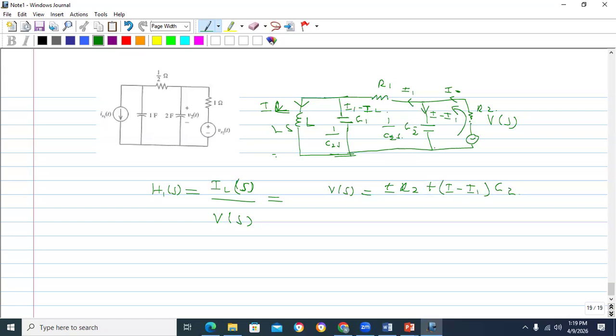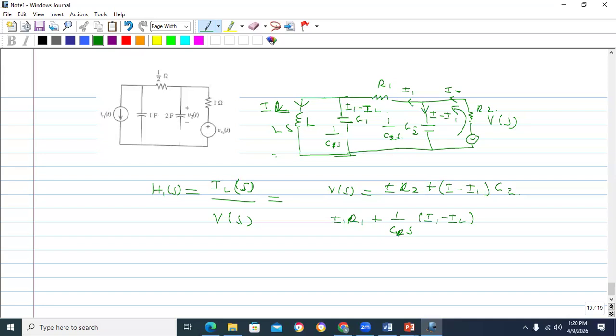Then you can apply the Kirchhoff law in this loop. The voltage across this one is I1 R1. The voltage across this will be 1 over C1S times (I1 minus IL).